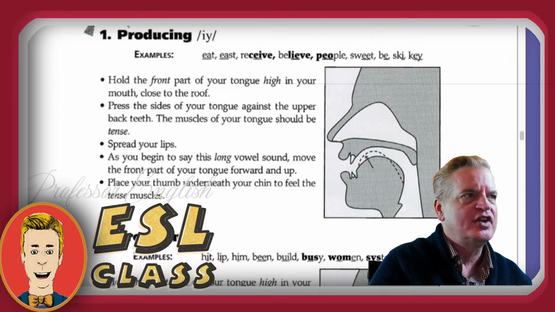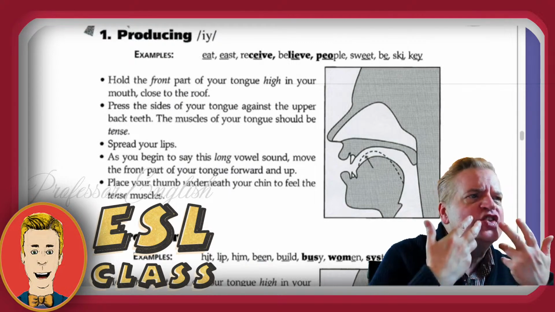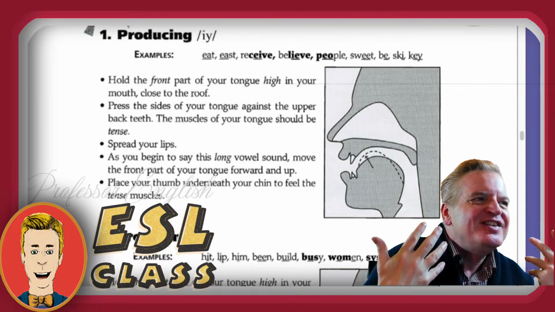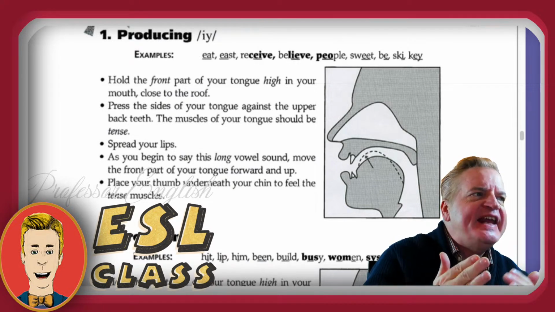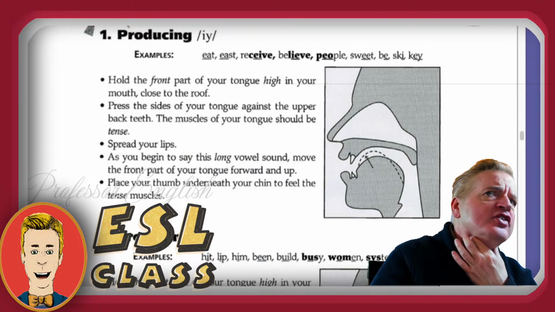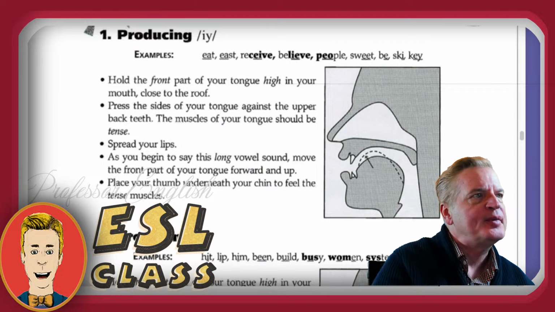The muscles of the tongue should be tense, so your tongue should feel really tense. And you should spread your lips. You have to smile. Premises. And as you say the sound, push your tongue up. E. And you should feel tenseness here too. Premises. Premises.